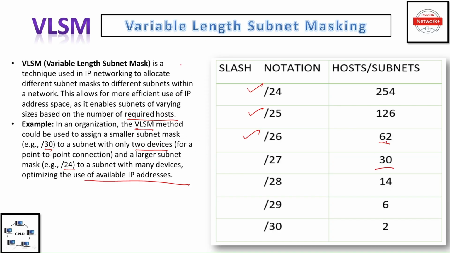Before VLSM, or variable length subnet masking, there were fixed classes like class A, class B, class C. So for example, in class C, we have this 192.168/16. So this is a very huge network. Let's suppose we required only 100 IPs, and I think this has 65,535 IP addresses.